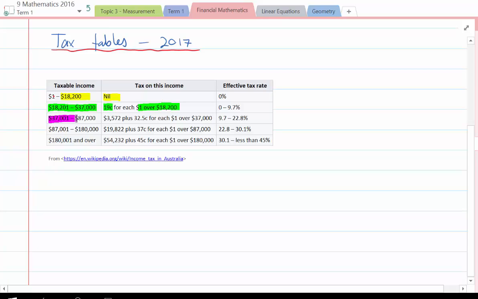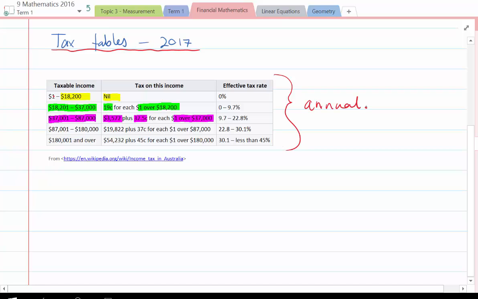Between 37,000 and 87,000, you pay 3,572 plus an extra 32.5 cents for each dollar over 37,000, and so on. So pretty much this is giving us the rule that we need to use to find the tax over the year. So please understand that this is annual.